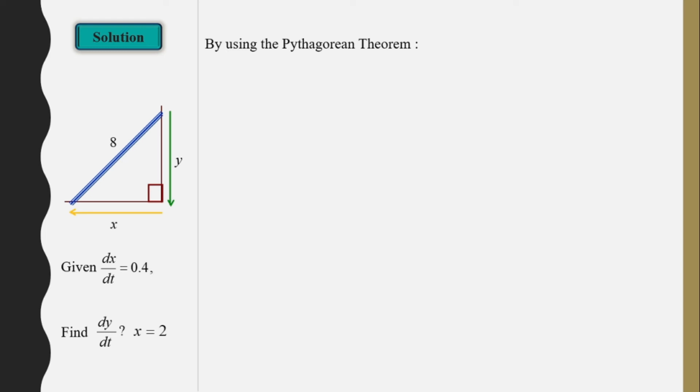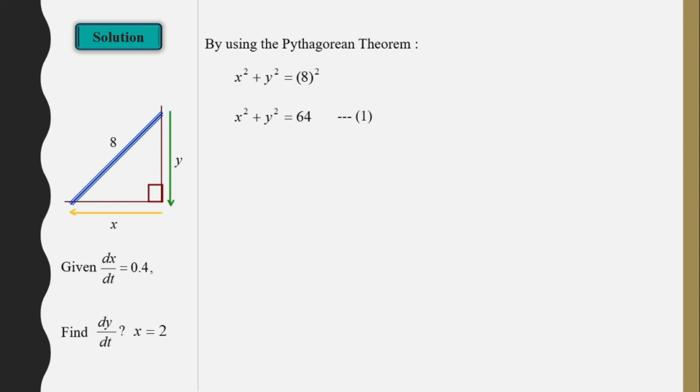It is 8 meters. Hence, the Pythagorean theorem applies: x squared plus y squared equal to 8 squared, or x squared plus y squared equal to 64. And we let it be equation 1.